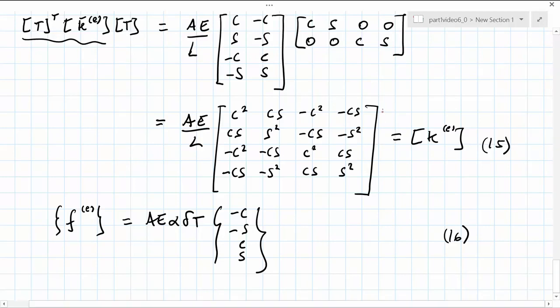So we have 2i minus 1, 2i, 2j minus 1 and 2j, for the rows and columns.